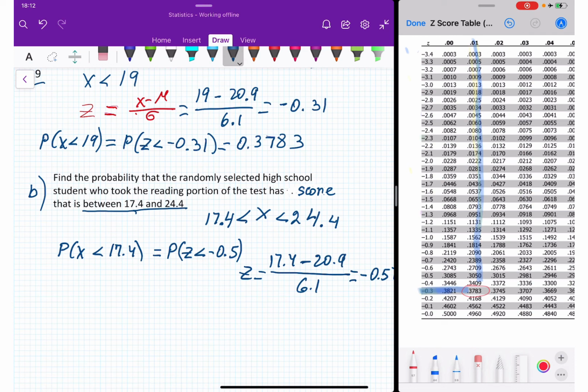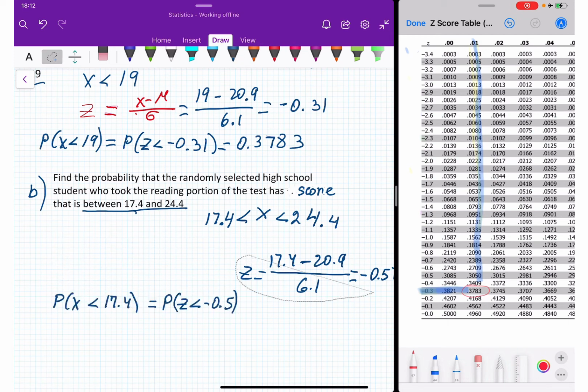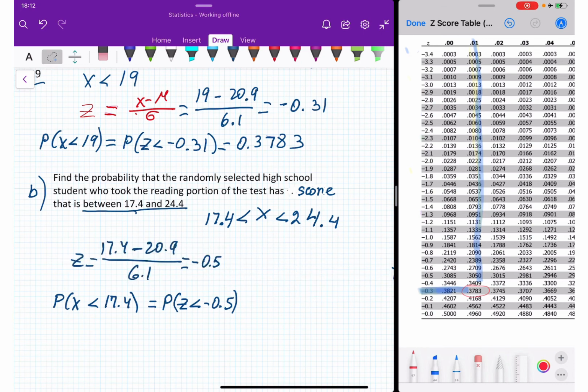Next, how much is the probability? Let me move this down, it would be much better. Okay, so this is equal to less than negative 0.57.